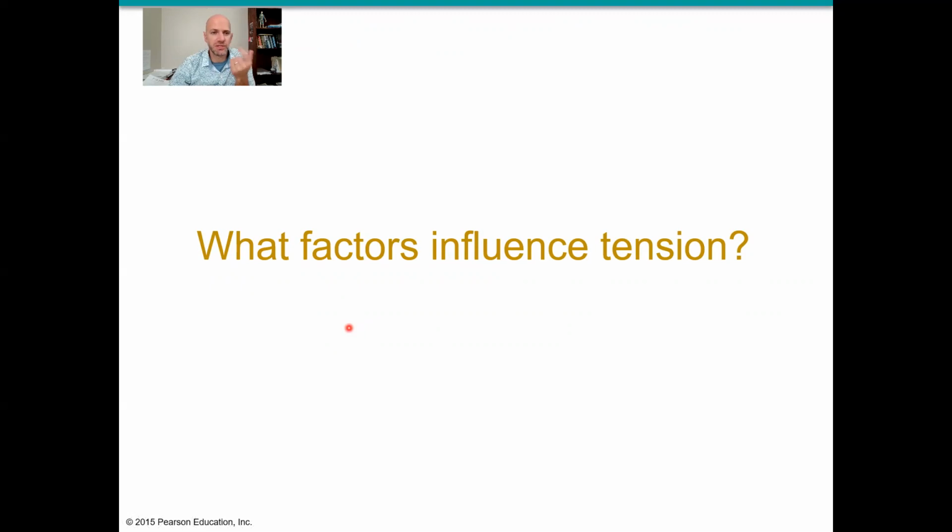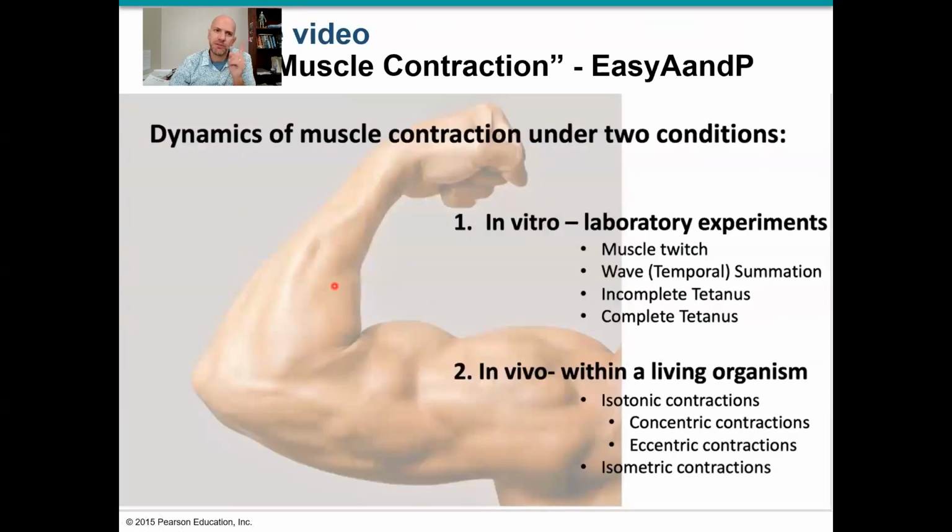Before we get into that, there's a great video that I'm going to put in Moodle, and I would highly recommend that you watch it. It has to do with muscle physiology. It talks a lot about frog legs and the way that scientists use the gastrocnemius of a frog to determine these relationships between the amount of excitation, the amount of voltage needed to cause an excitation, and the amount of tension produced by the frog leg.